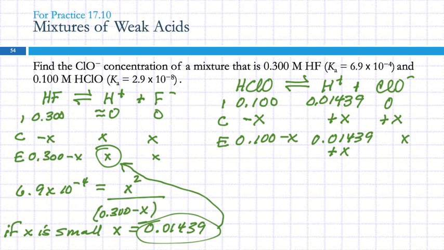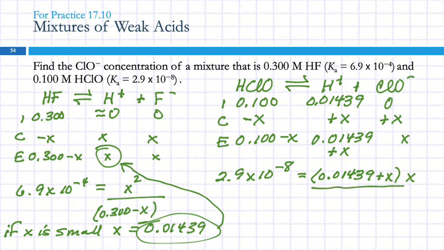So that equilibrium constant, 2.9 times 10 to the minus 8, is going to be equal to this times that, divided by 0.1 minus x.